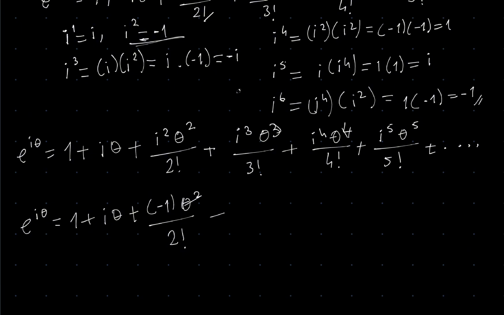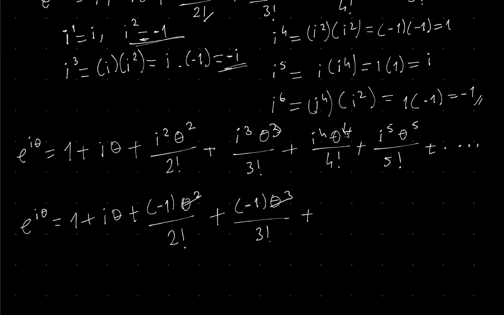For the third power we have minus I, theta to the third over 3 factorial.